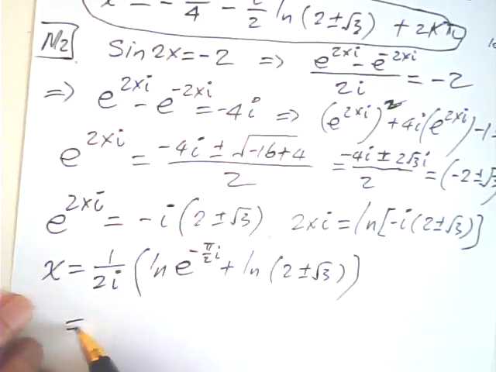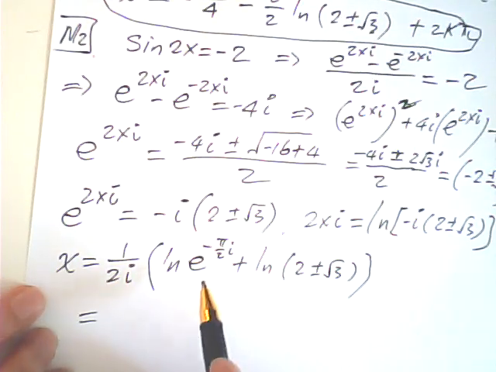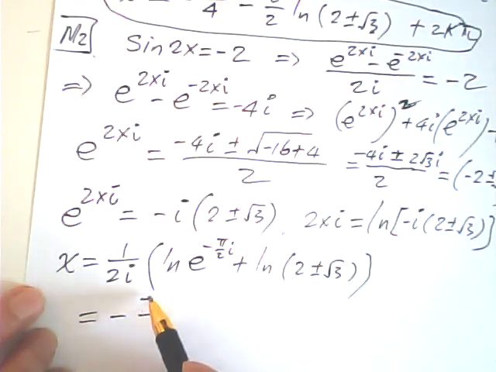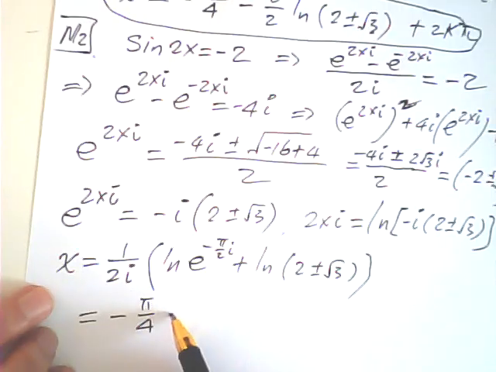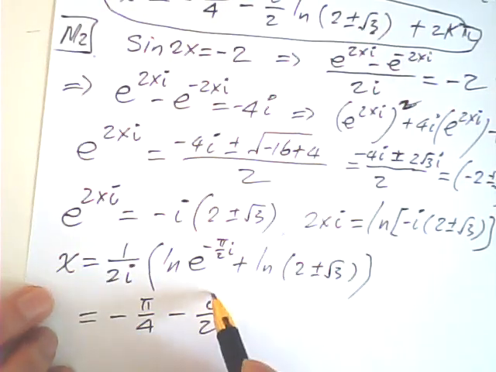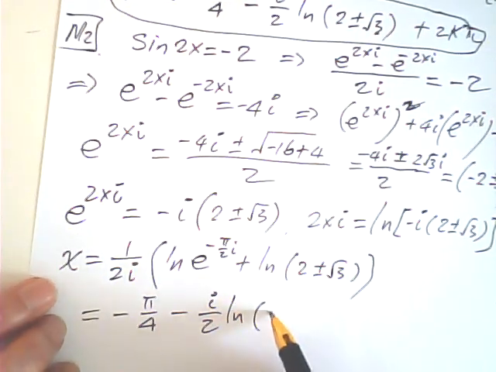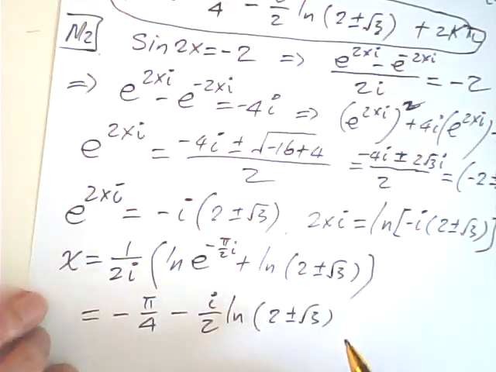Well, so this one is equal to negative quarter pi minus half i times log of 2 plus or minus root 3. Okay, this is my x.